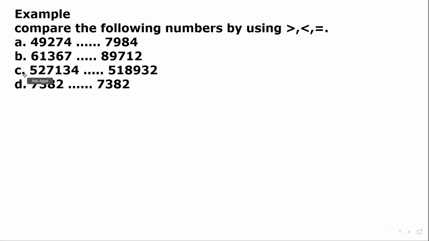The C also has the numbers like 527134 against 518932. The D, 7382 against 7382. You are going to compare these numbers and choose the one that is greater or the one that is having less number here. Okay, good.